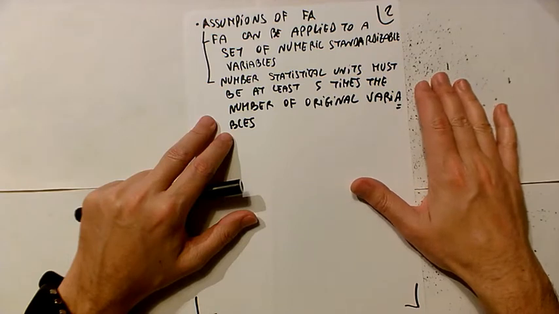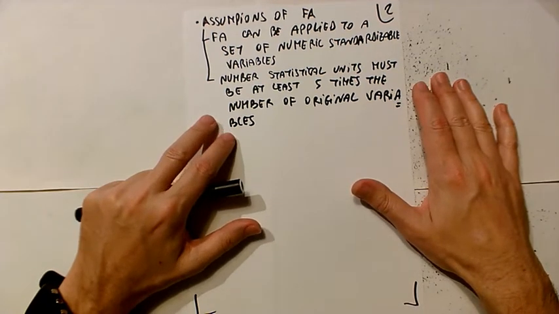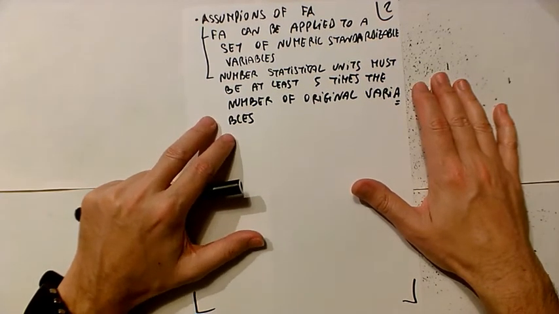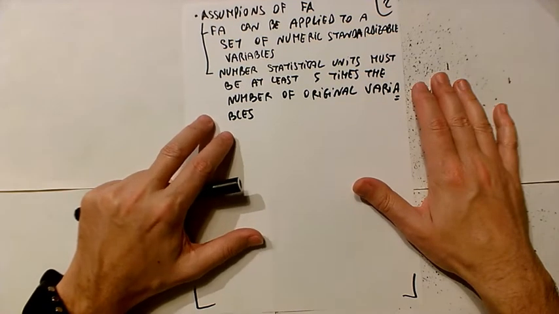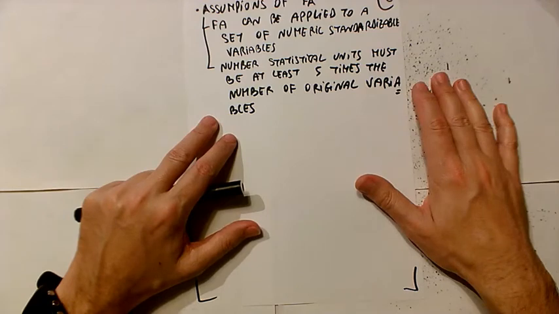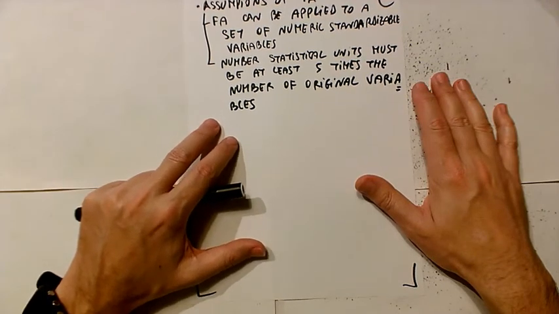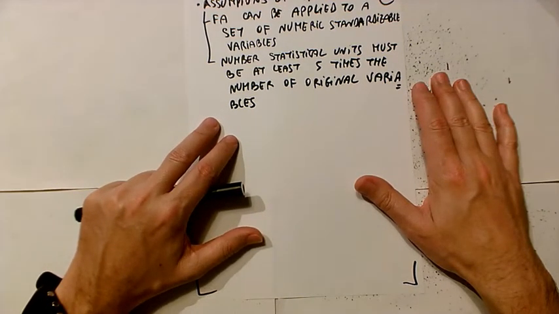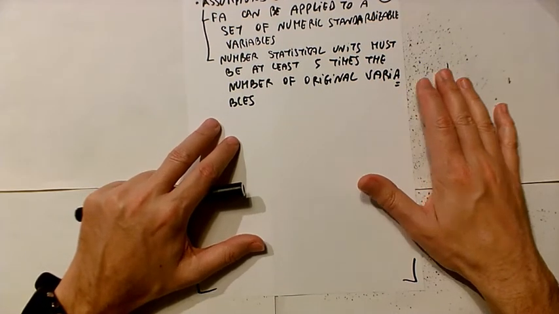What about the second assumption? It's a technical assumption. If the number of units is at least 5 times the number of original variables, you can apply factor analysis with success. Otherwise, you cannot apply factor analysis.